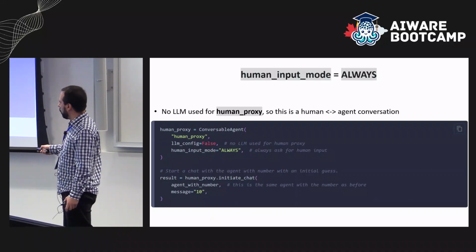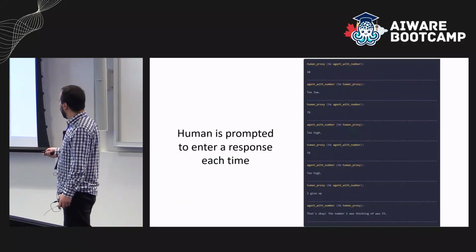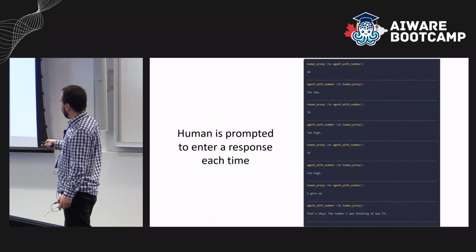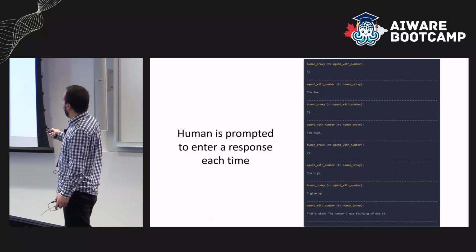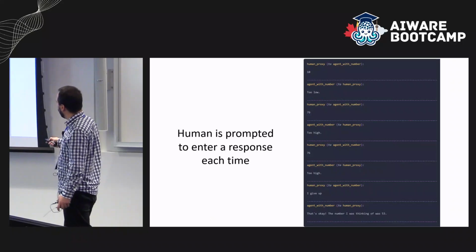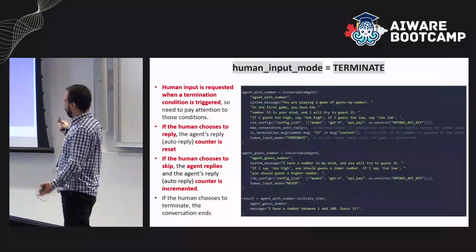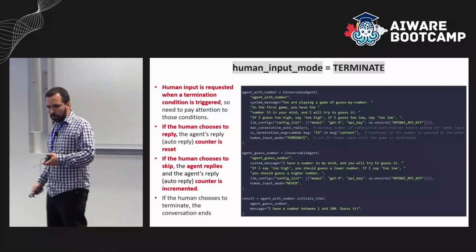This is the same agent that we defined before, and the message is 10. So here, the human is prompted every time. The agent says 10, and then it goes too low, 79 too high, 76 too high. So it's just the human being there talking to an agent, basically.